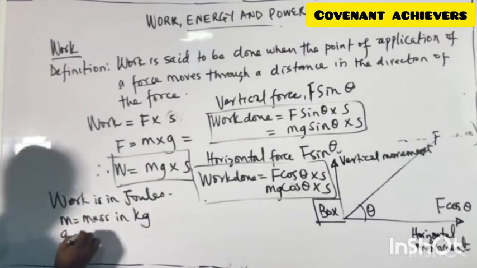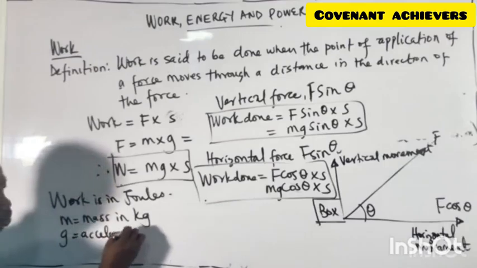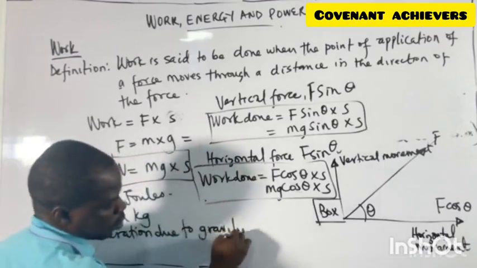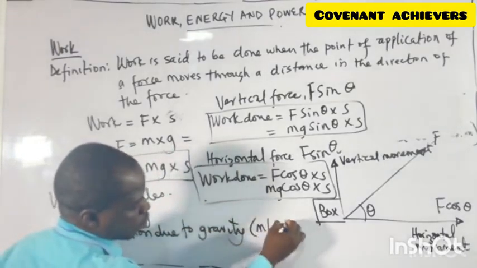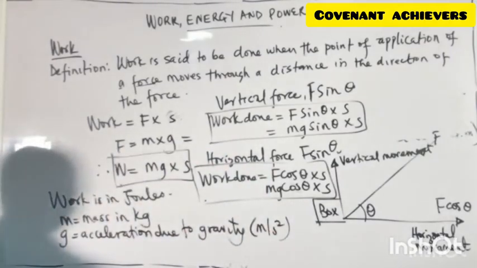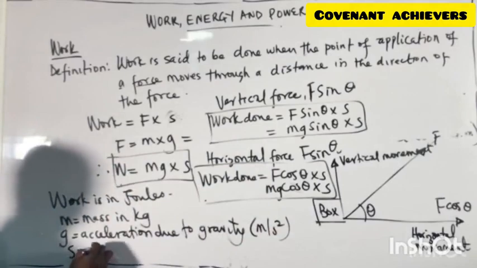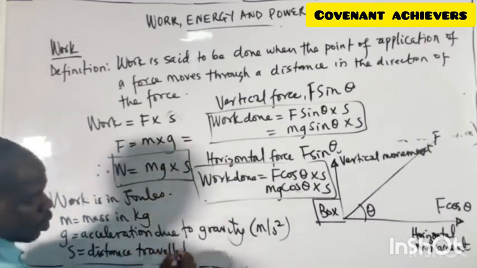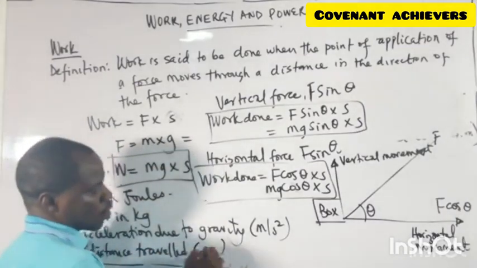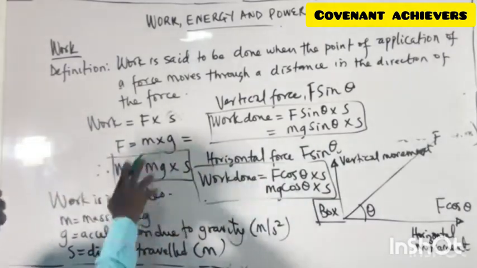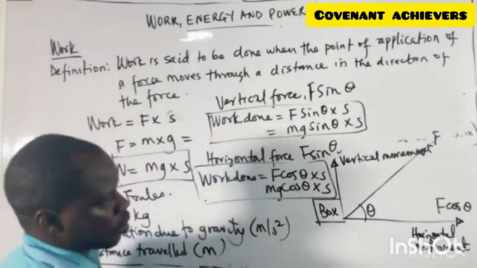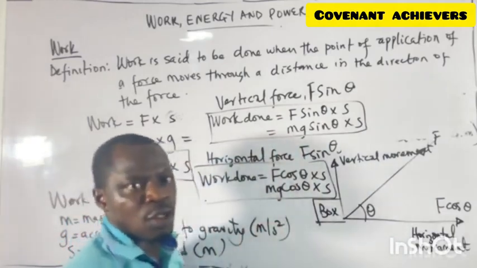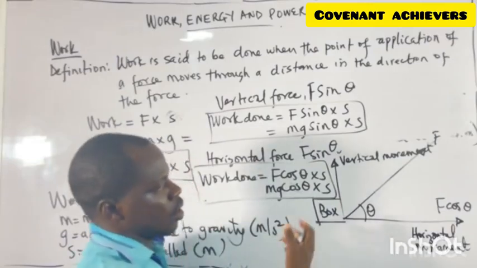We have g, which is equal to acceleration due to gravity, in meters per second squared. And we also have x, which is distance traveled or distance covered in meters. Now, these are the things that we need to understand as far as work is concerned. You can see the way it has been explained to you, before we move straight into various questions that will be explained under this.